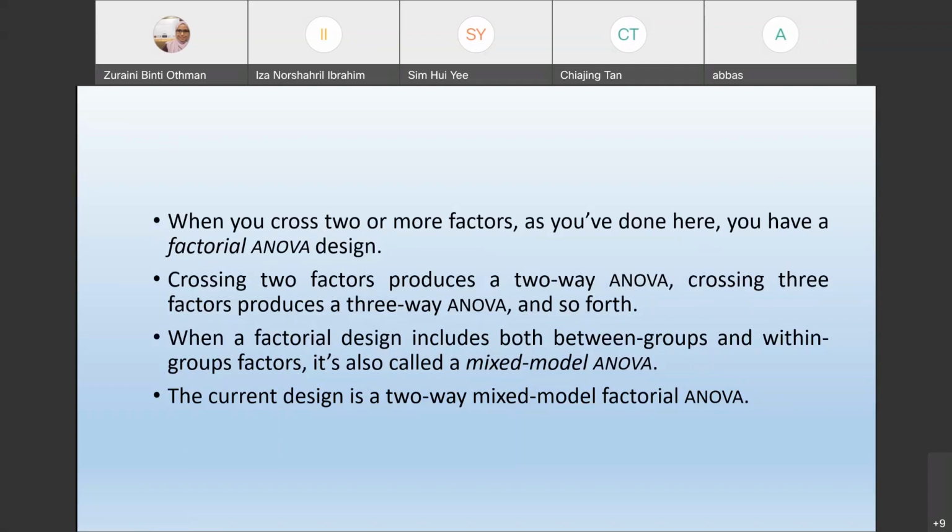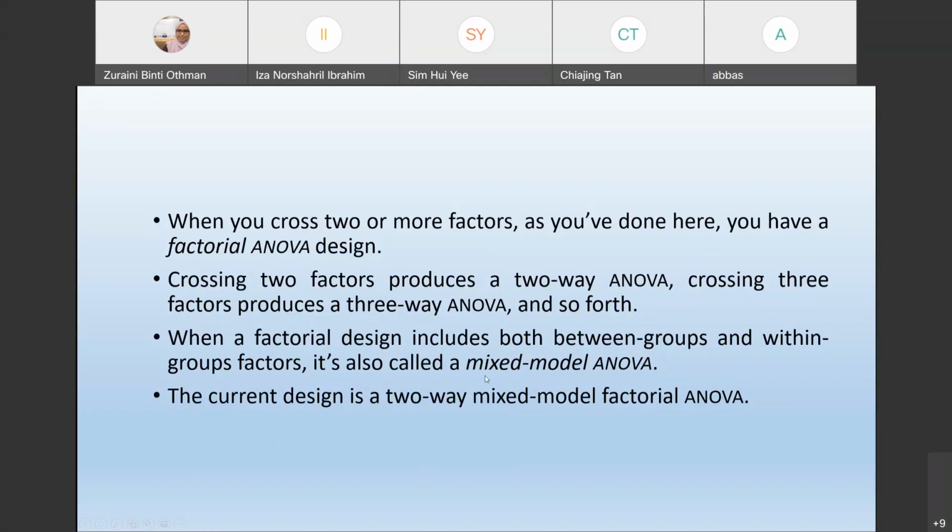Okay, when a factorial design includes both between-group and within-group factors, it is called a mixed model ANOVA. This is where we include, in one design, a between-group factor and a within-group factor.